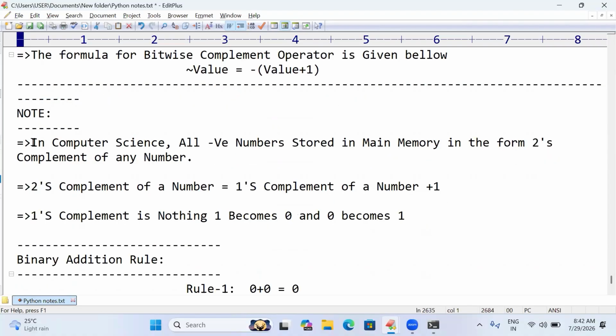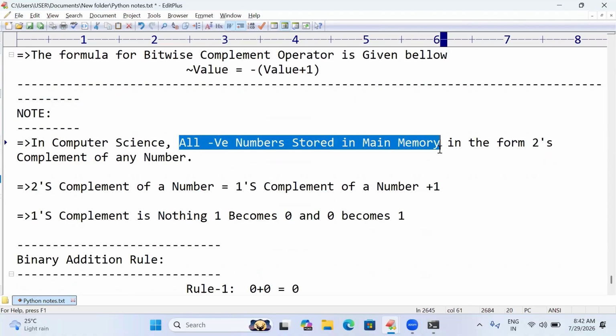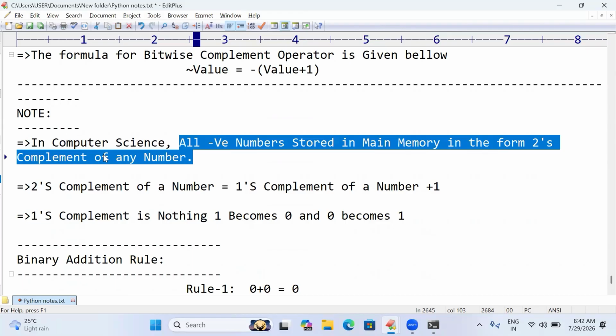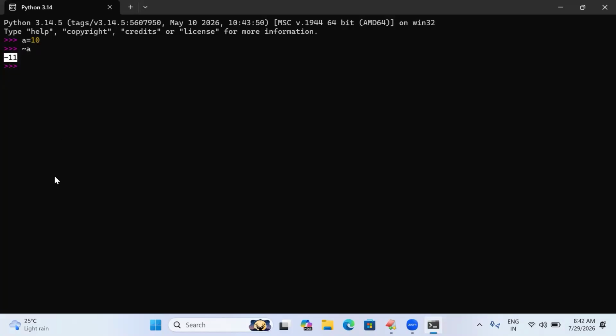So the note we have is that all negative numbers are stored in the main memory in the form of the 2's complement of a number, right? So see here, this is the negation of 10, right? I'm going to check whether the negation of 10 is equal to minus 11 or not. See here, and understand this.